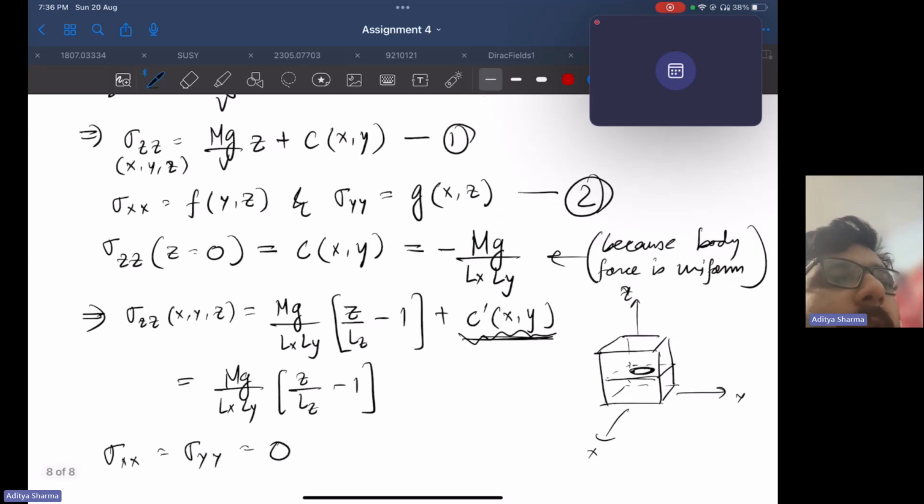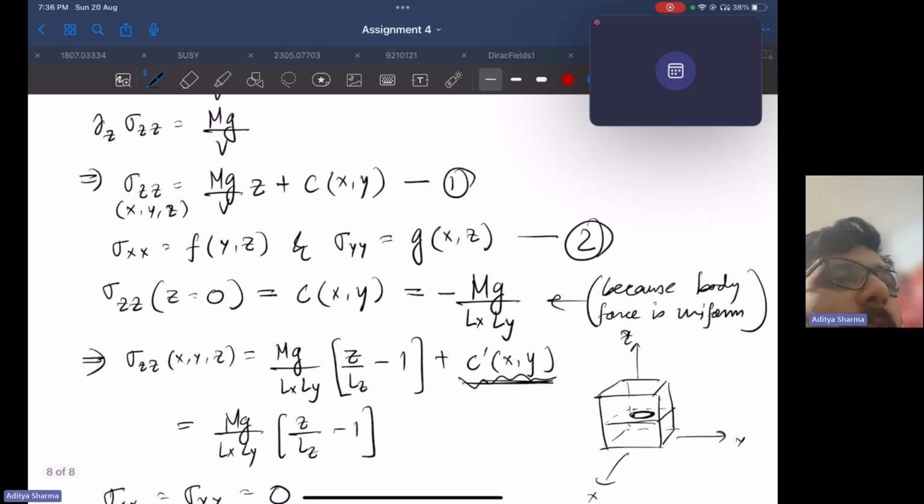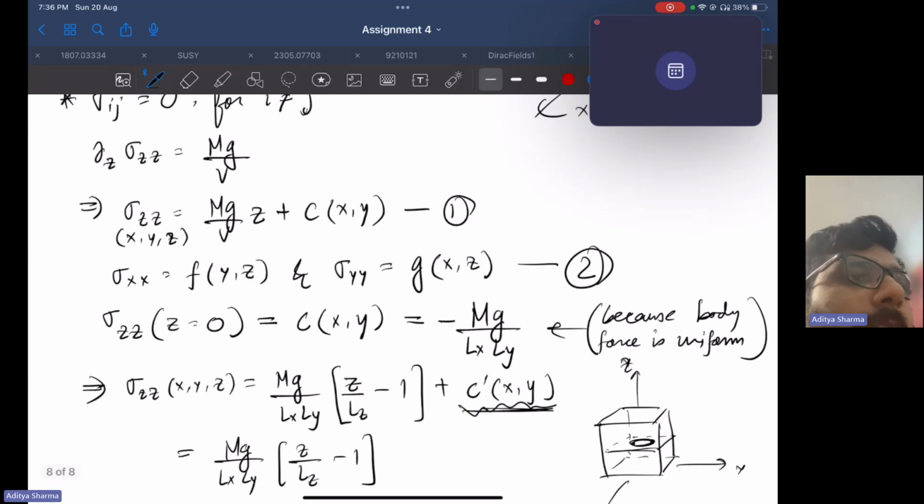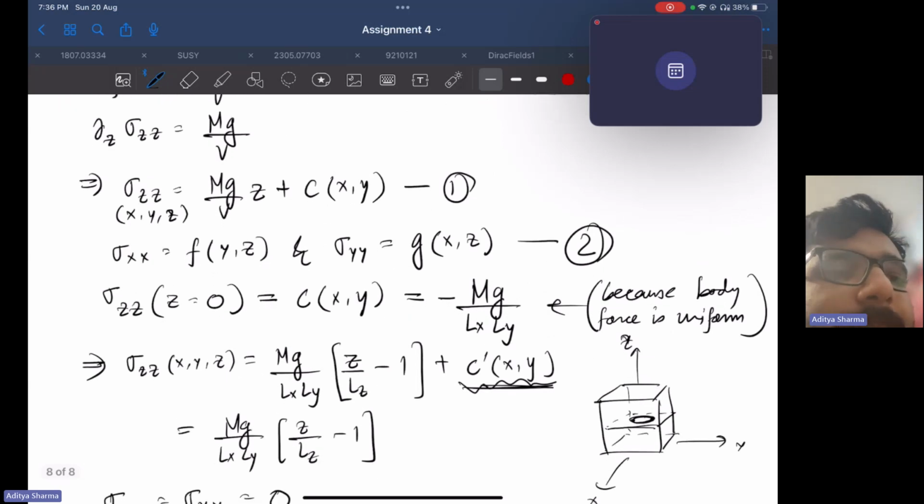The reason is that the stress in the x direction is a function of y and z. But stress in the x direction is zero because the body force is being applied only in the z direction by the body.